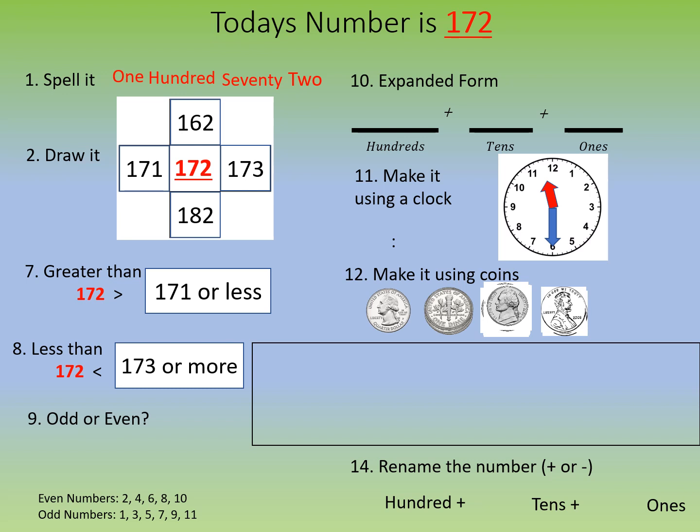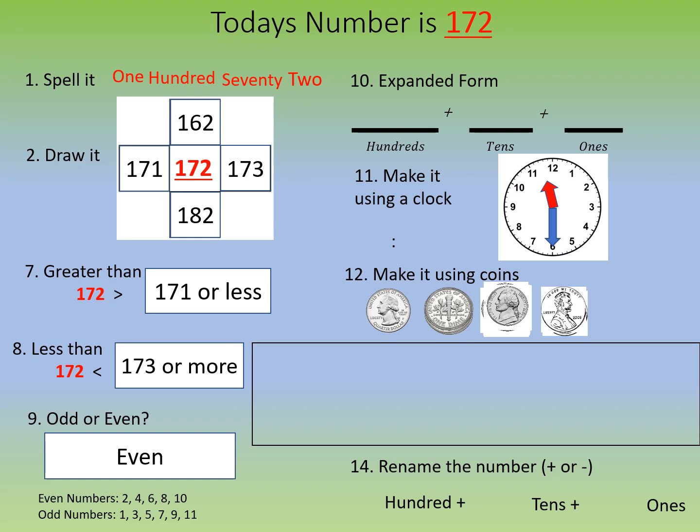Is 172 odd or even? Well, a quick review, even numbers are 2, 4, 6, 8, and 10. And odd numbers are 1, 3, 5, 7, and 9. So we look at the ones column to decide if it's odd or even, and 2 is an even number.